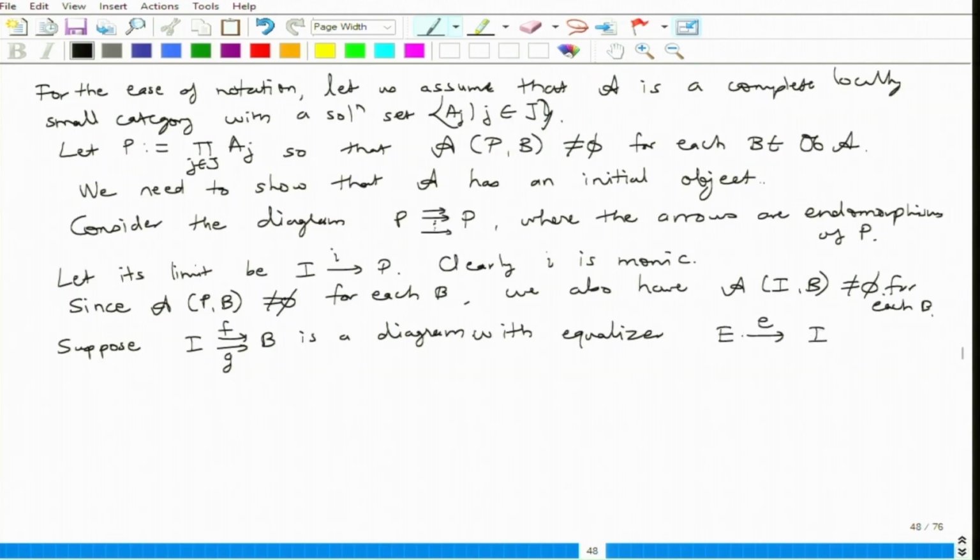Let me call this E, and this is also mono, because it's an equalizer, it's a monomorphism. Okay, now since hom(P, B) is non-empty for each B, in particular hom(P, E) is non-empty. So let h: P to E be any morphism.